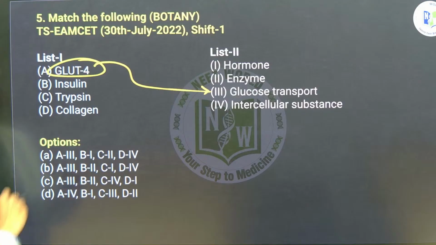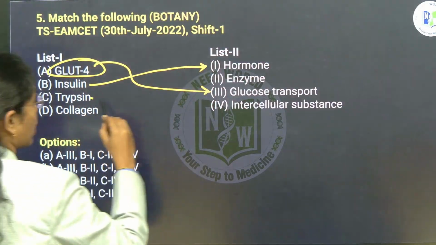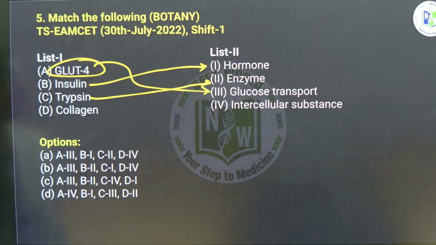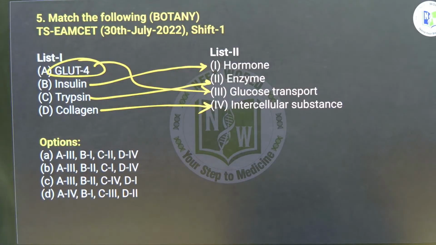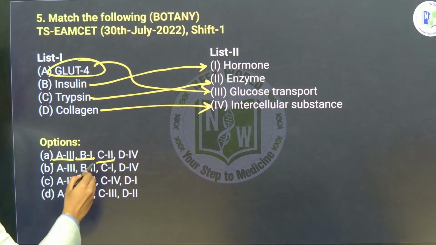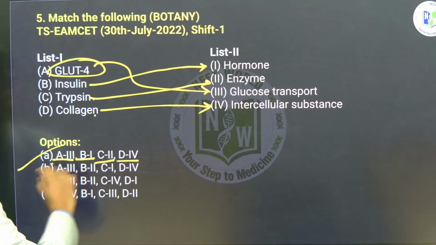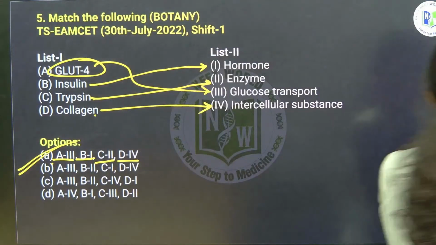Insulin is a hormone. Trypsin is an enzyme which digests proteins. Collagen is an intercellular substance. Fine, right? So, here what is the right matching? A will be 3, B is 1, C will be 2 and D is 4. Option A will be the right answer. Clear till here? Any doubt anywhere? Next question, look and answer.